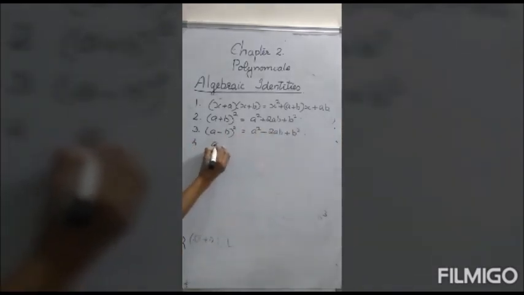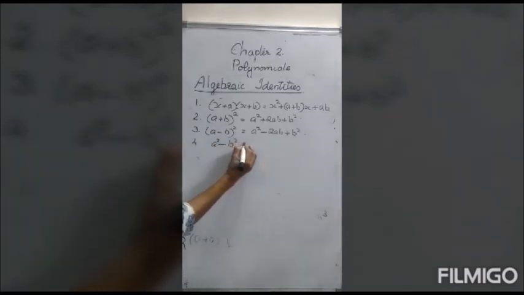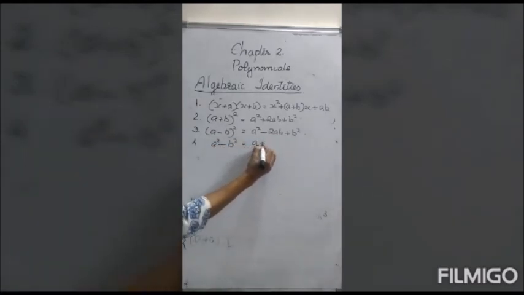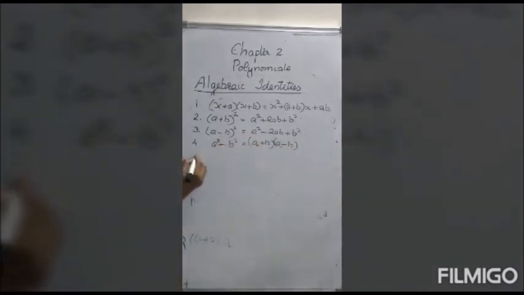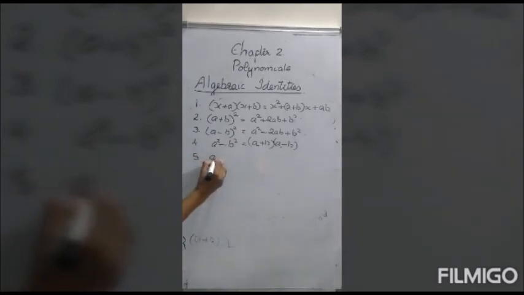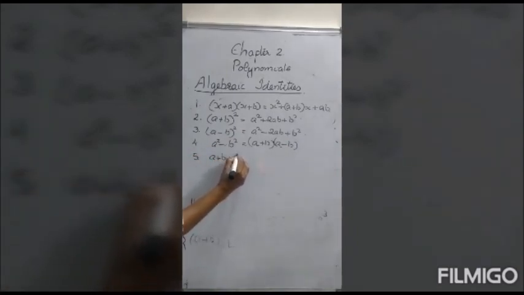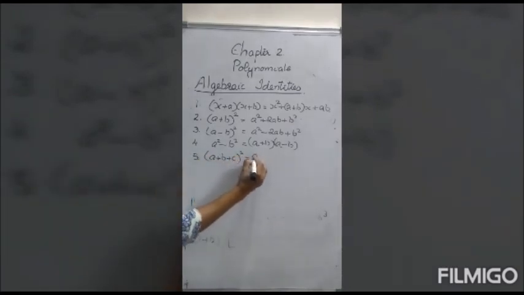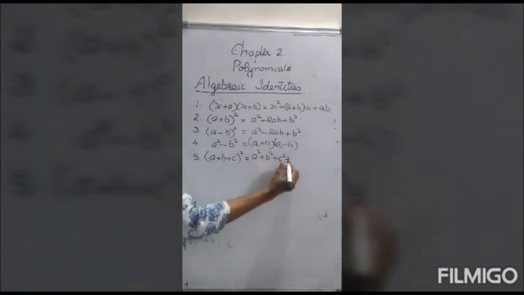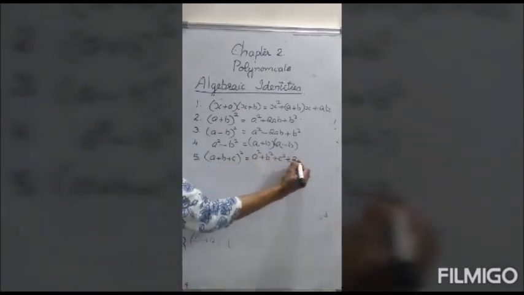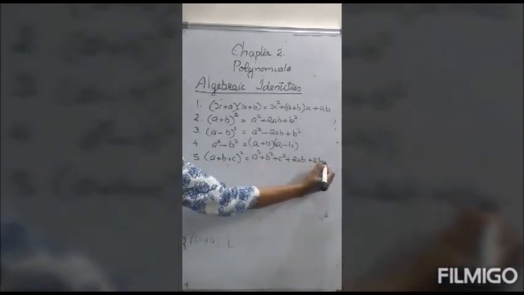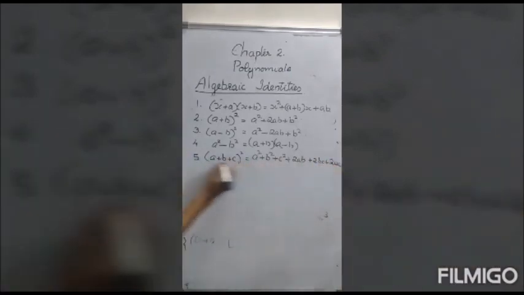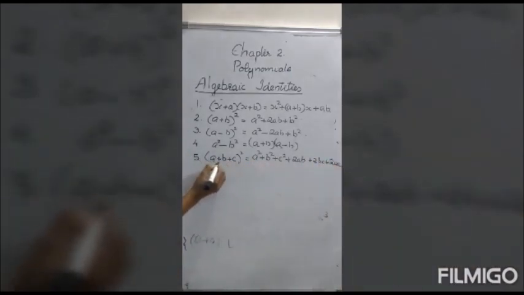Now fourth, a square - b square equals (a + b)(a - b). And the fifth one, (a + b + c) whole square equals a square + b square + c square + 2ab + 2bc + 2ac, taking 2 at a time.